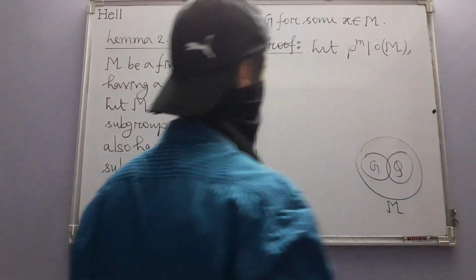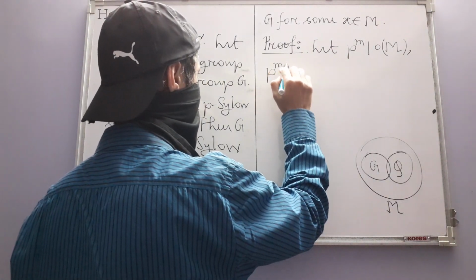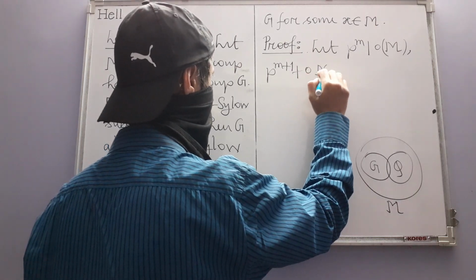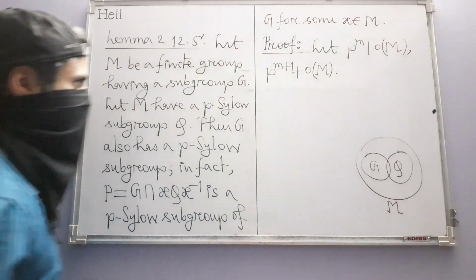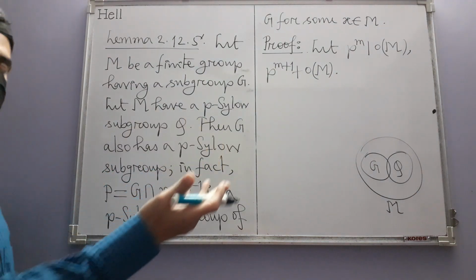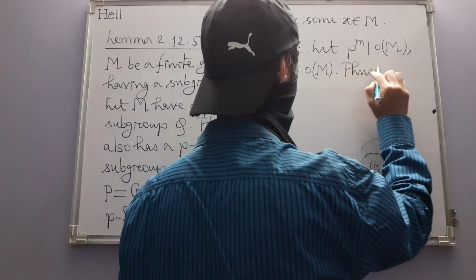So this is one thing, and to also say that it's the largest, the next higher power does not divide the order of M. So now we know that the order of Q is p^m.